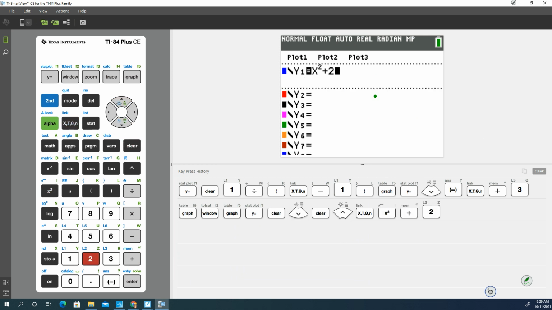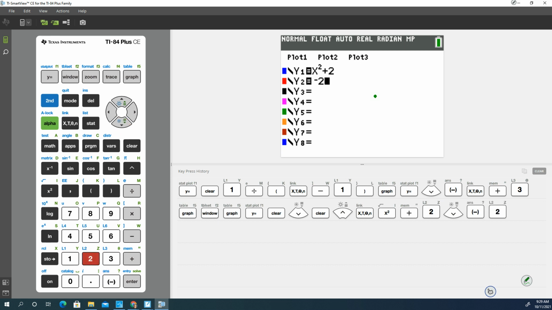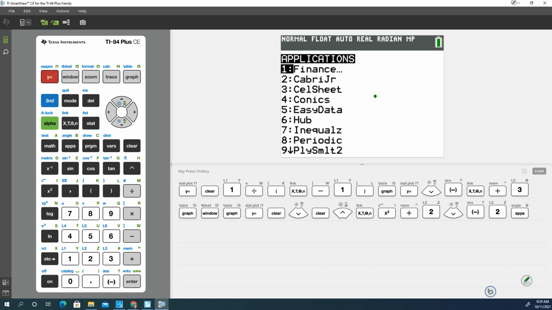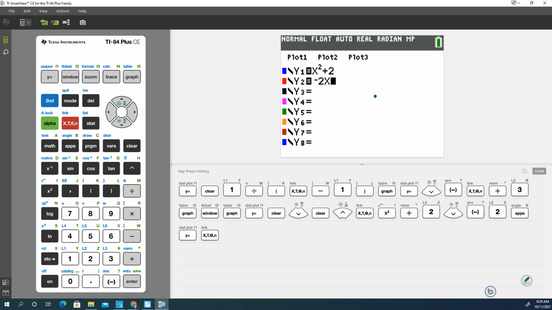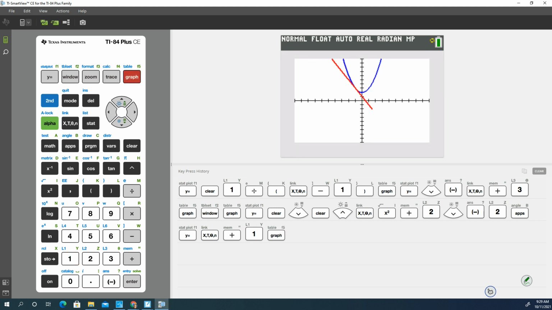X squared plus 2, -2x plus 1. Okay. So at the point -1, 3, that does look like that tangent line would fit my curve at that point.